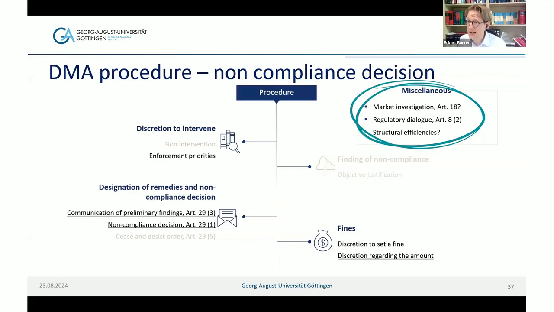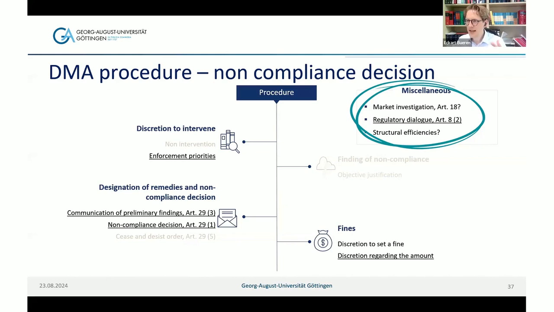If you have 3 non-compliance decisions against you as a gatekeeper, then the European Commission can actually really wield a hard stick and impose more strict measures on you. This is systematic non-compliance, and then the Commission can impose very strict remedies, in particular also structural remedies.